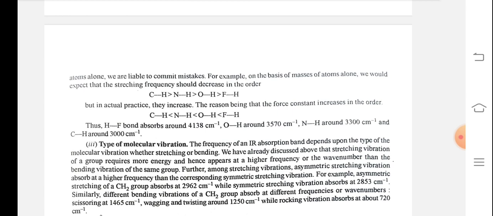For example, asymmetric stretching of a CH2 group absorbs at 2962 cm inverse, while symmetric stretching vibration absorbs at 2853 cm inverse. Similarly, different bending vibrations of a CH2 group absorb at different frequencies or wave numbers. Scissoring at 1465 cm inverse, wagging and twisting around 1250 cm inverse, while rocking vibration absorbs at about 720 cm inverse. Thank you.